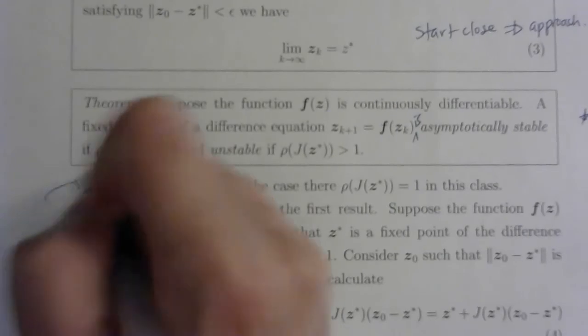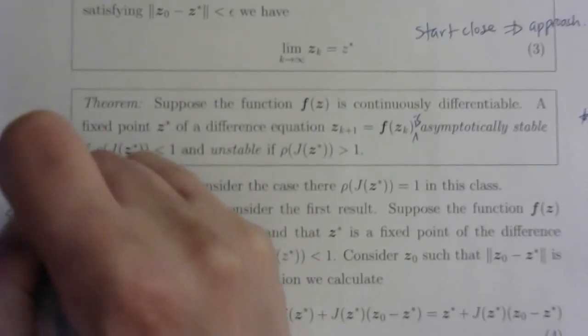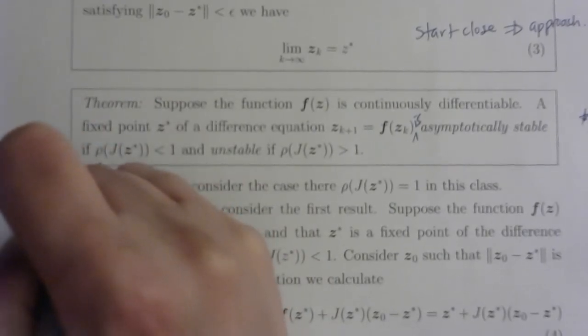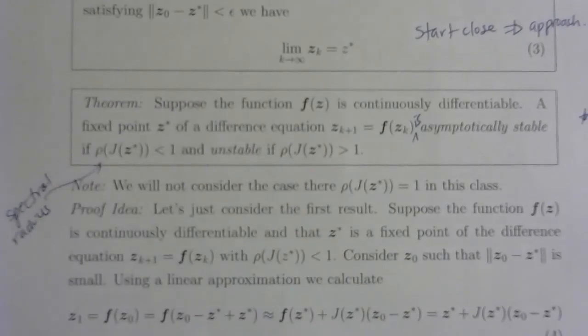I'll put it here in case anyone has been asleep. So the spectral radius, the largest magnitude of the eigenvalues. The spectral radius of the Jacobian of f at the fixed point is less than 1. Then we have asymptotic stability.